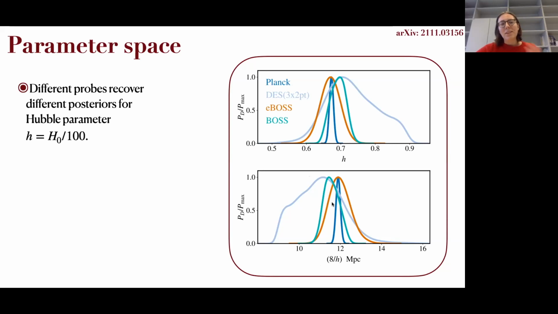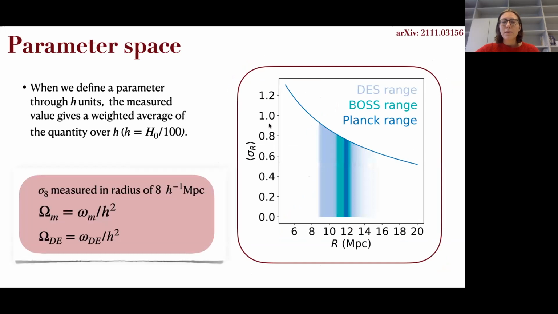We can take one step further and see what happens when we use sigma 8. Here on the y-axis, I am showing the density field variance as measured on different physical scales. On the x-axis, I'm showing the physical scales. And the shaded regions describe the 8 megaparsecs over h posterior for these different probes.